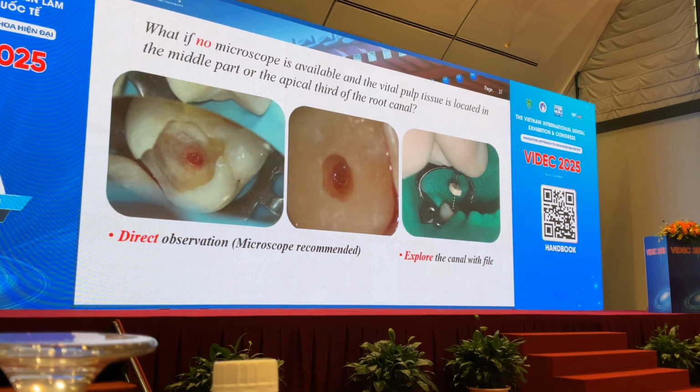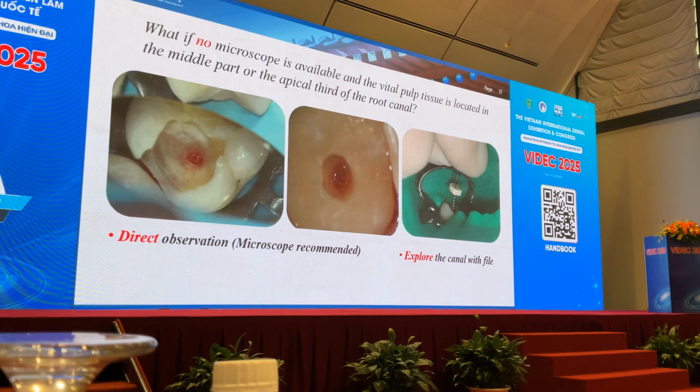If there is vital pulp tissue in the root canal, the patient would feel discomfort, even if local anesthetic is used. And for the dentist, you could feel there is some soft tissue in the root canal, just by your finger feeling.